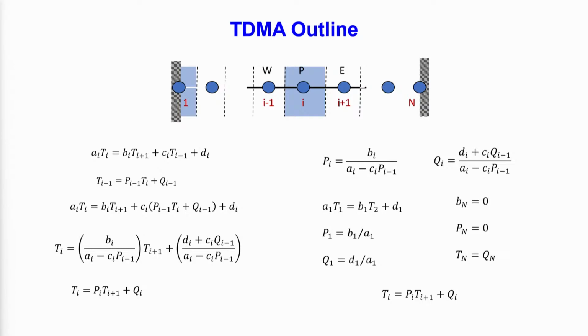And then if you simplify, you will get Ti into something into Ti plus 1 plus something, and if you compare that with Ti equal to Pi into Ti plus 1 plus Qi, then you will get Pi and Qi in terms of Ai, Bi, Ci, Di, just comparing, right.